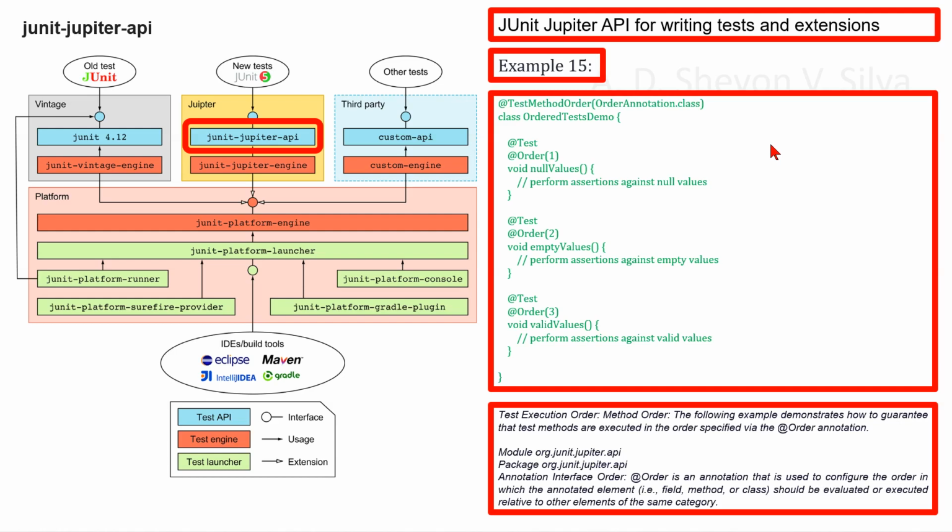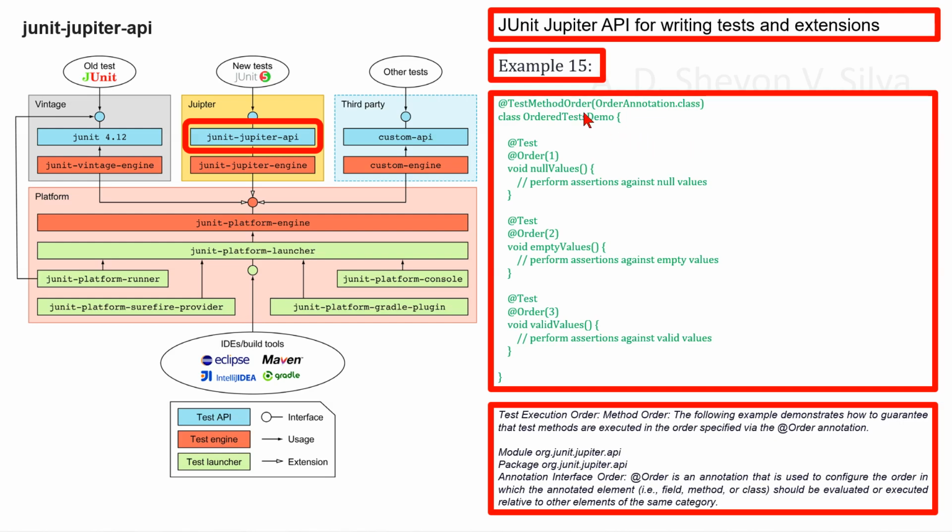To control the order in which test methods are executed, annotate your test class or test interface with @TestMethodOrder and specify the desired method order, or use one of the following built-in MethodOrderer implementations.